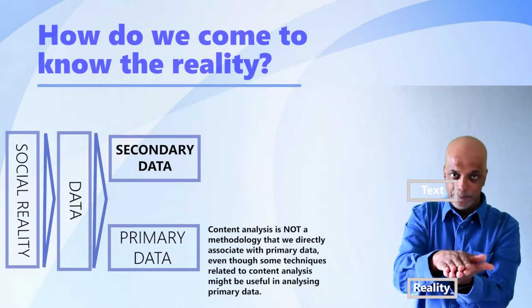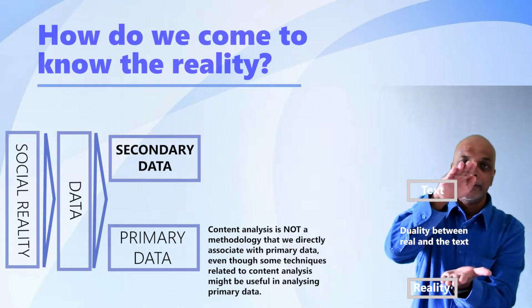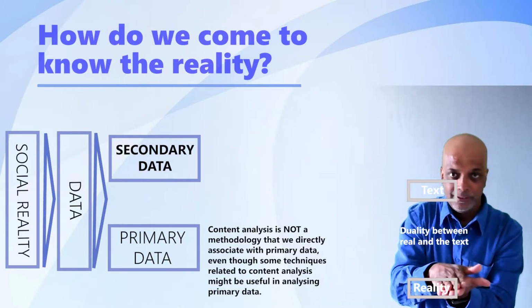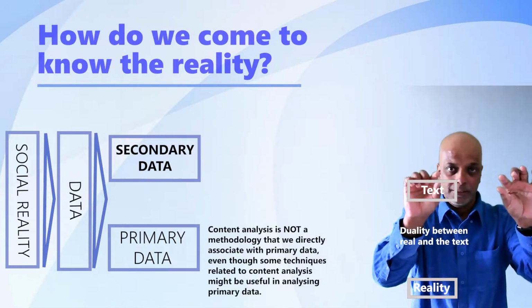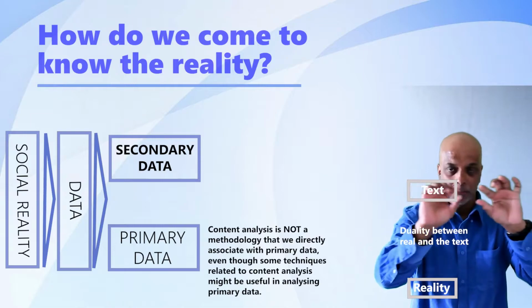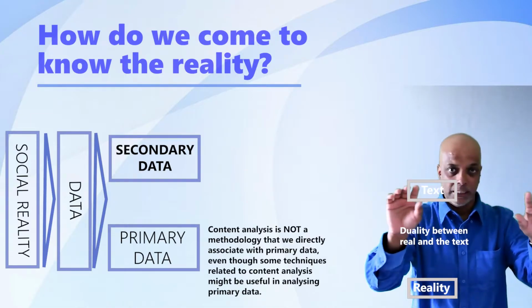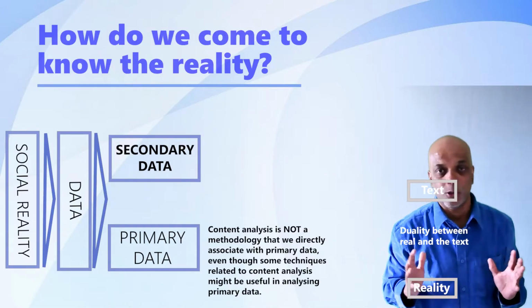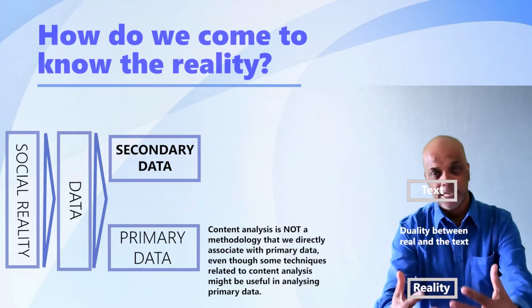In other words, reality gets textualized by the reality itself into different forms of text, such as words, paragraphs, numbers, stories, narratives, pictures, images, videos, and so on. So that happens when the reality is happening.